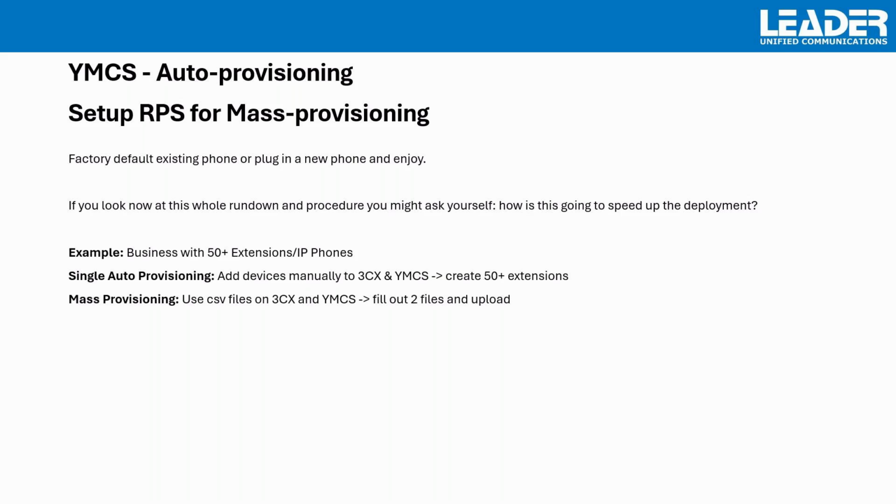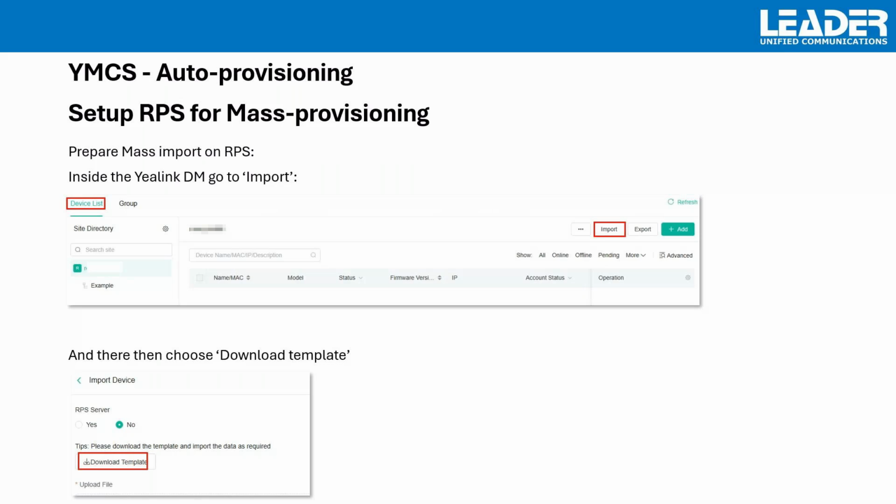Now, what I usually advise to do for the mass import is we go inside the device management platform. We go to import at the top, and then we download the template.